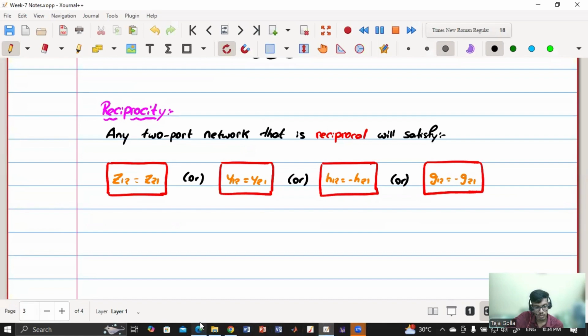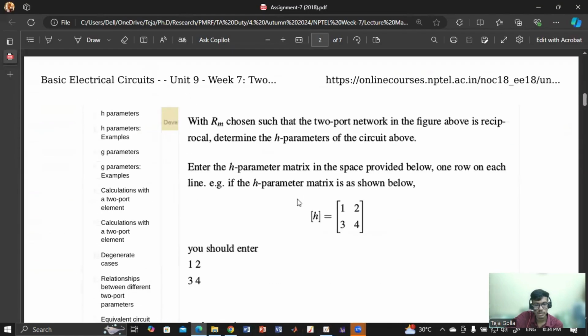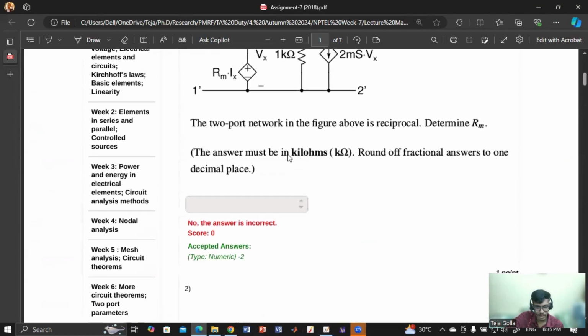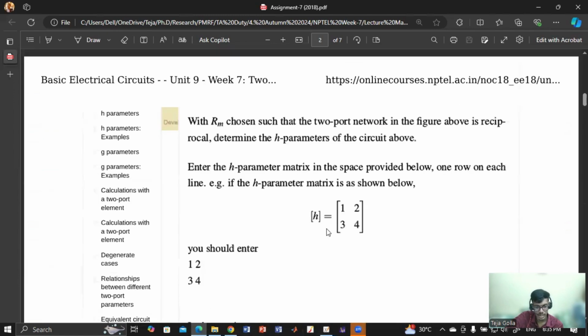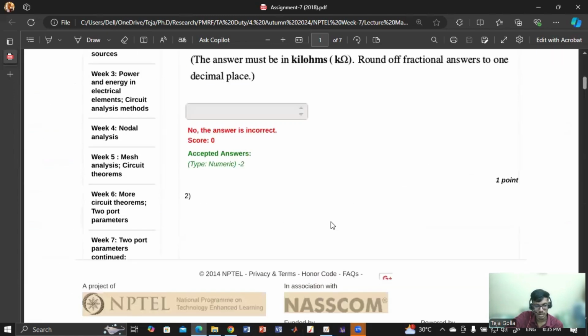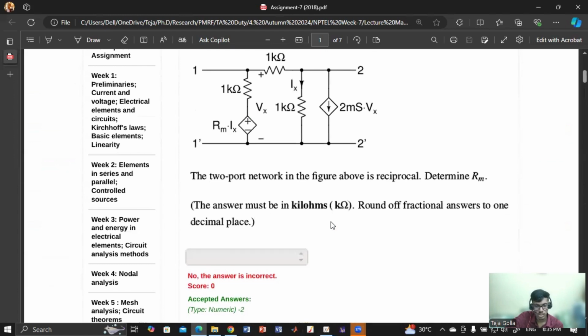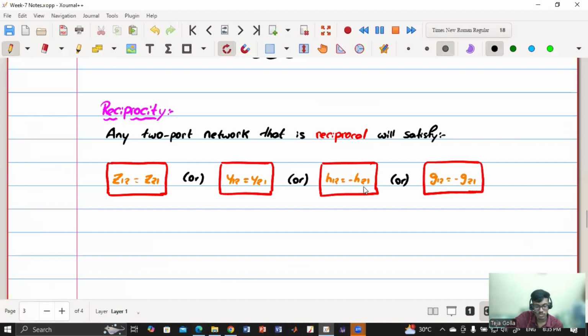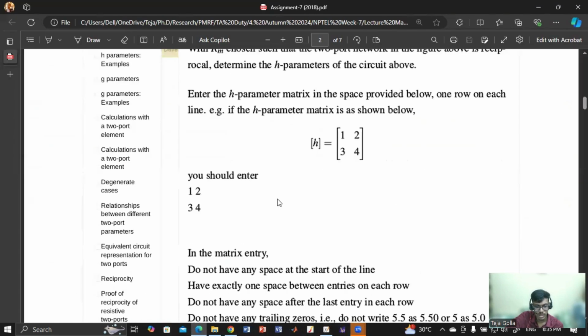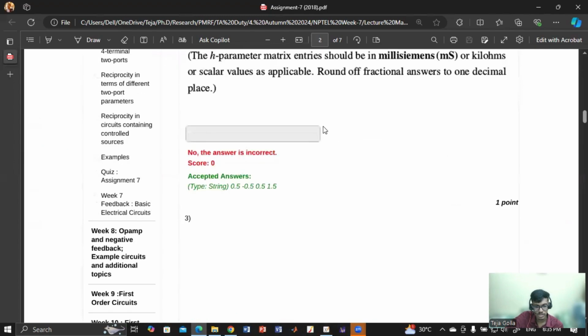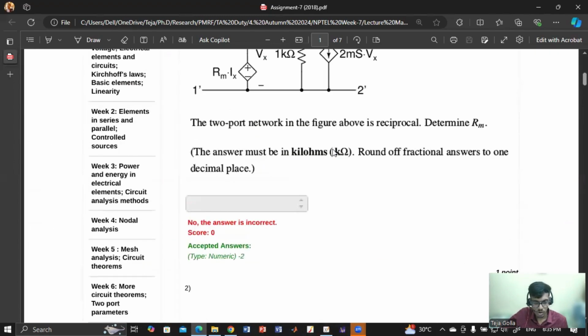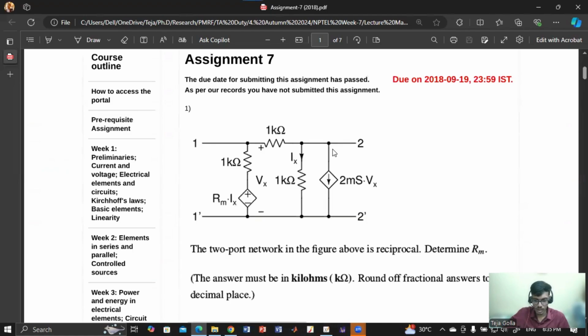But in the second question, they have asked H parameters. So why will I waste my time finding some other parameters and then again find H parameters? Instead, I'll find H12 and H21, and then I'll use the condition H12 is minus H21, and I'll use that result and directly solve the H parameters in the second question, because it will save a lot of time.